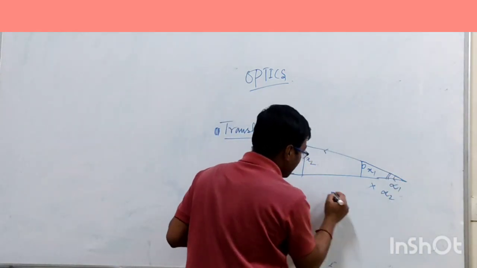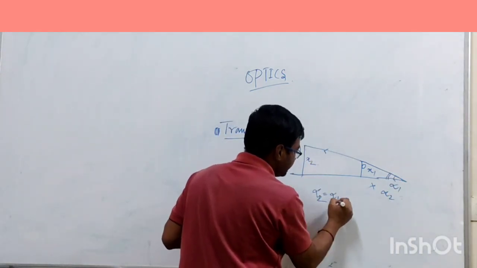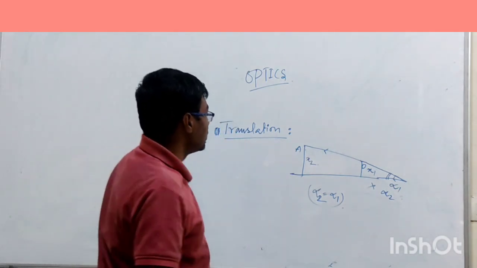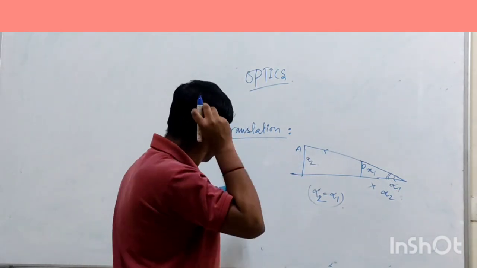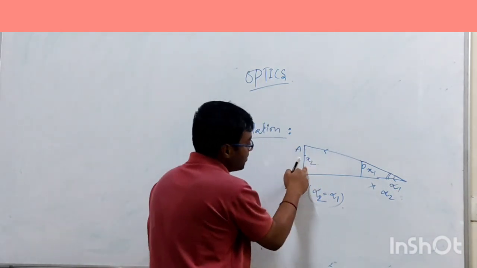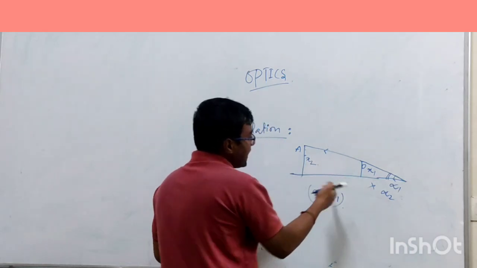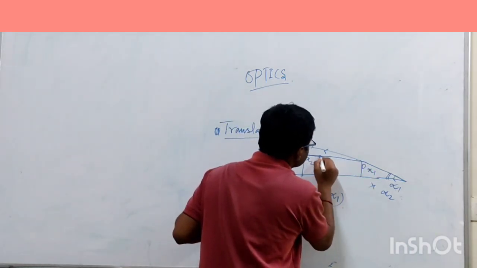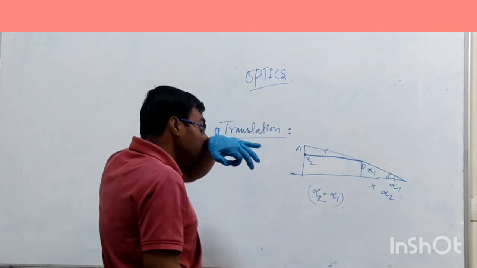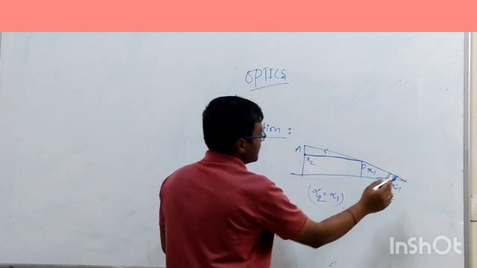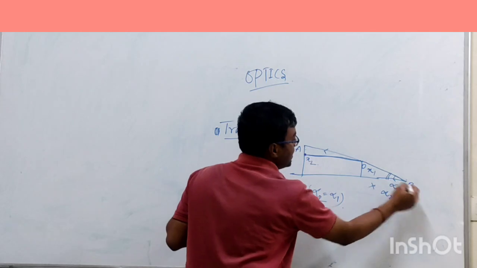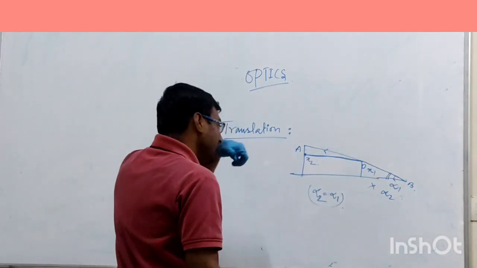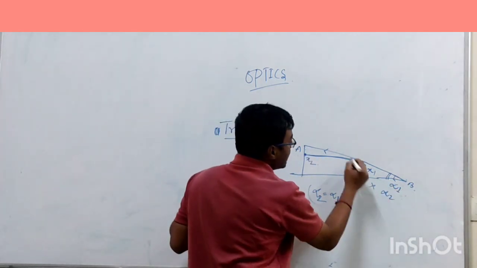Basically, alpha 2 and alpha 1 should be the same. So now we have to construct the relationship between x and alpha. For that case, we can draw this line, and as it is the same line, that also will be alpha 1.